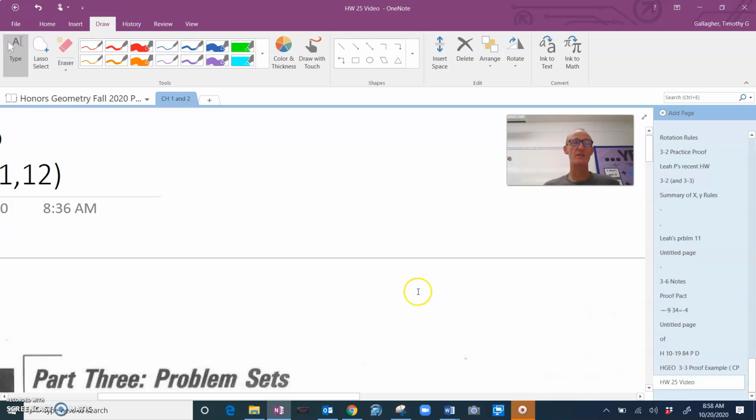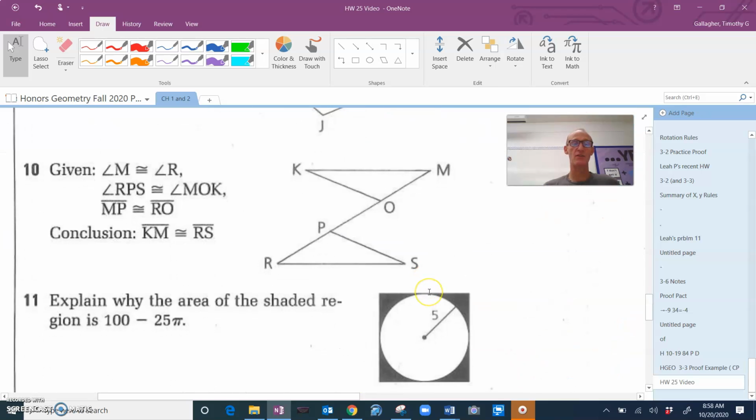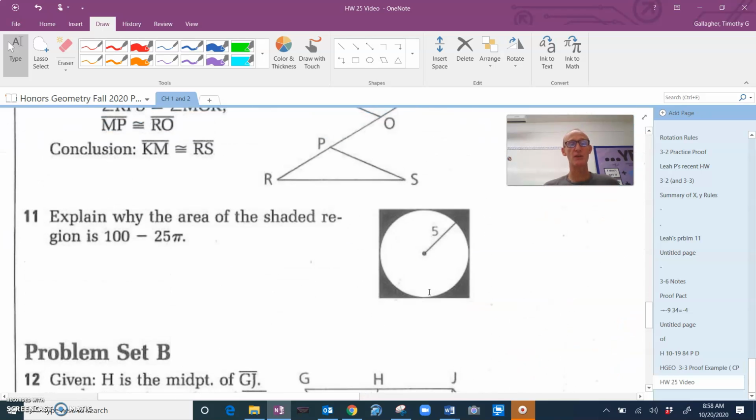All right, so you had 11 and 12. So what does 11 look like? 11 says explain why the area of the shaded region is 100 minus 25 pi. The area of a circle is pi r squared.